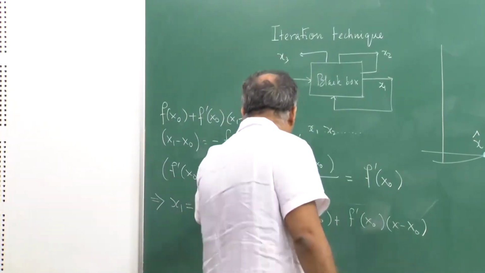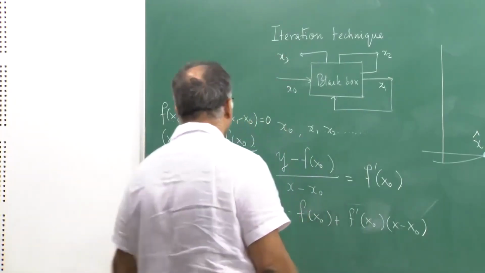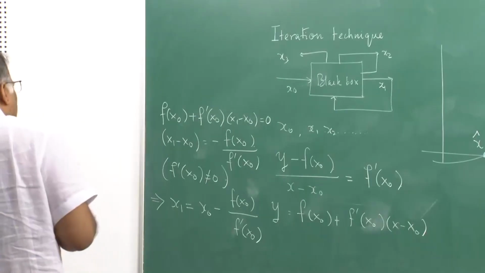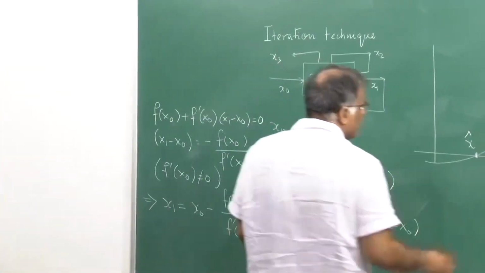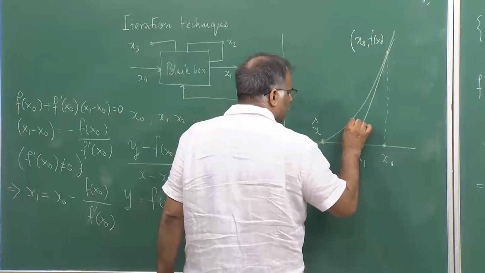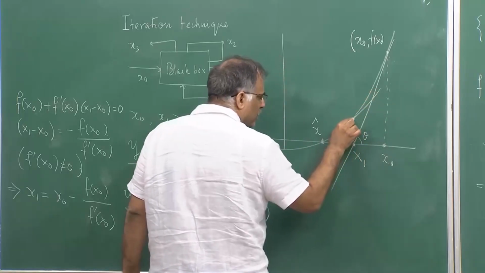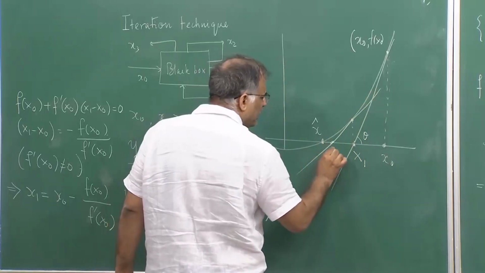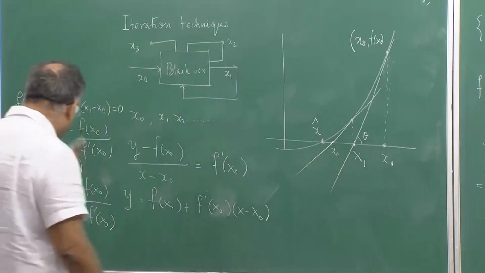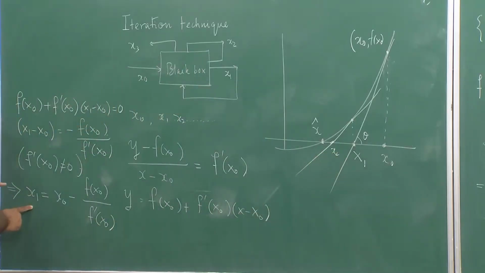So my general mechanism is like this. I have found x1, so I know f(x1), and then I draw a tangent through (x1, f(x1)), and I want to find x2. You just replace x0 with x1 and x1 with x2.